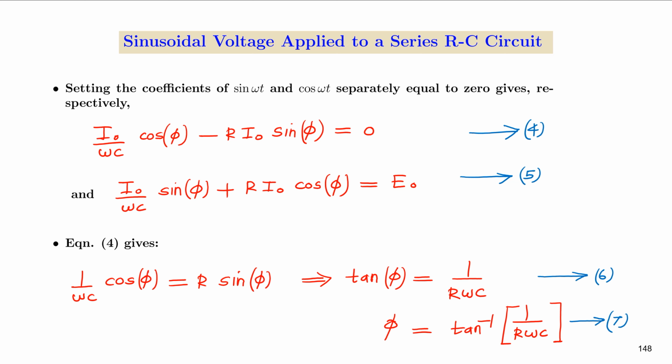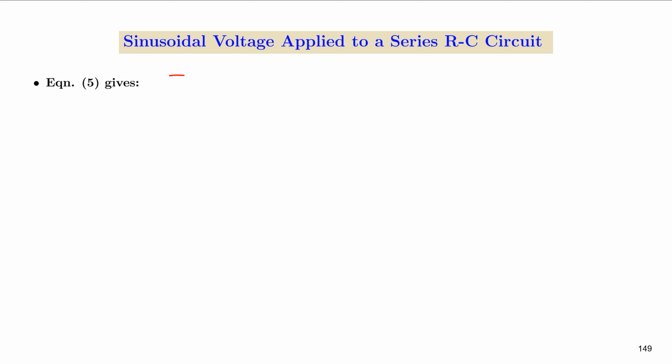We'll now turn our attention to equation number 5 and write I0 as equal to E0 over (1 over omega c sin phi plus r cos phi).